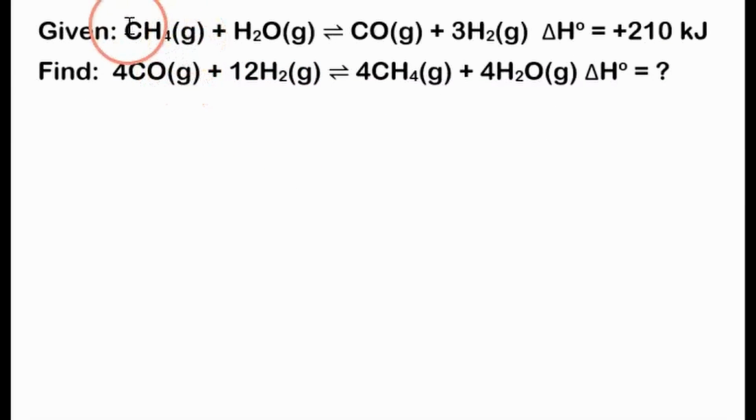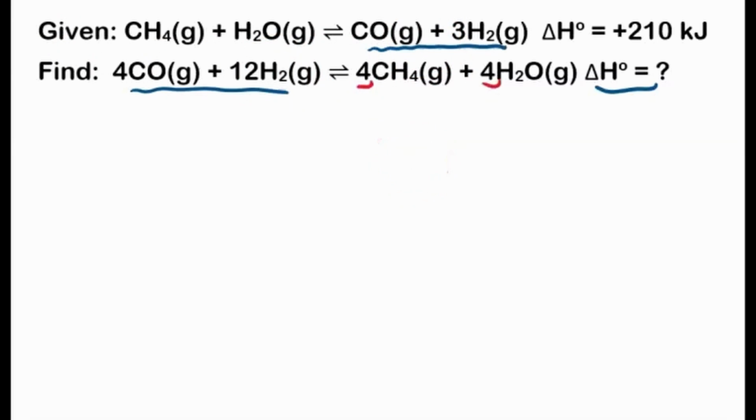We have this reaction, methane and water produces carbon monoxide and hydrogen, all gases. We have the change in enthalpy here. And now we want to know what the change in enthalpy of this one is. And what did we do? Well, we flipped everything, right? CO and H2 is now on the reactant side, where previously it was on the product side.